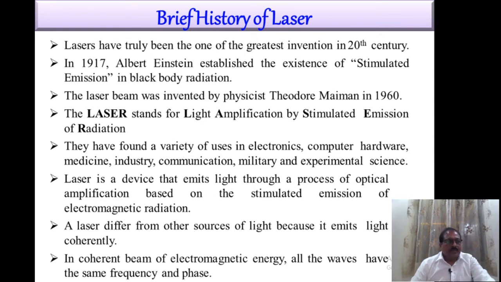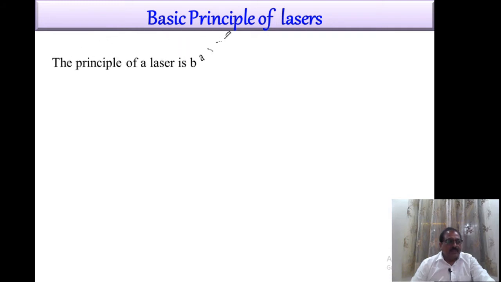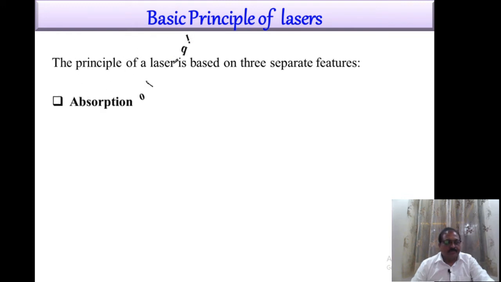So then, what are the basic principles of lasers? The principle of lasers is based on three separate processes. The first one is absorption of radiation, also known as stimulated absorption.